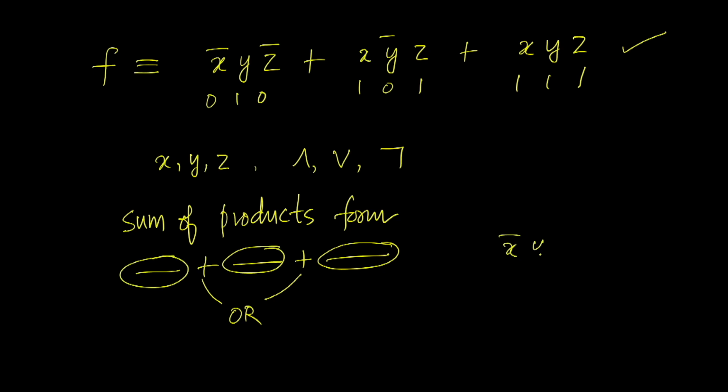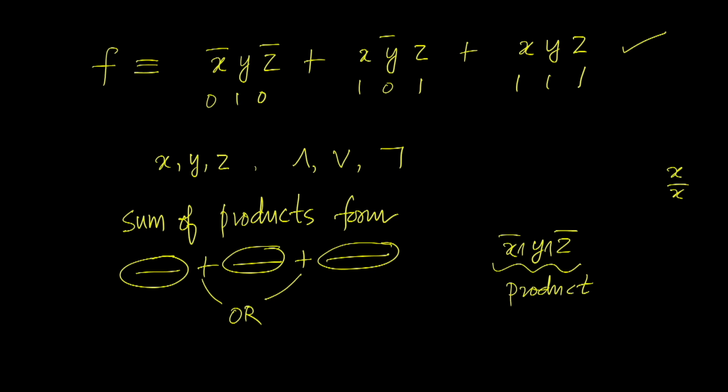For example, x bar, y, z bar is a conjunction. It's an AND of 3 literals. A literal is either a variable or its complement. So this is a conjunction of several literals. Therefore, this is called the product form. Because in arithmetic expressions, juxtaposition corresponds to multiplication. When several entities are juxtaposed, we call it a product. Similarly, here also we call this a product. So therefore, this is a sum of products form.